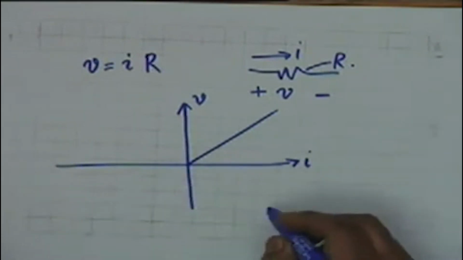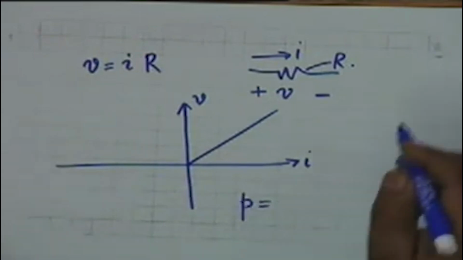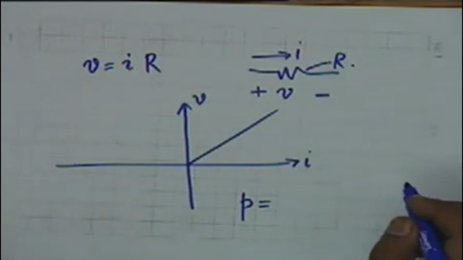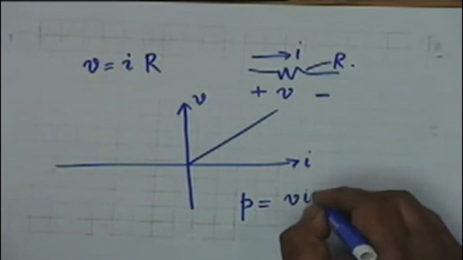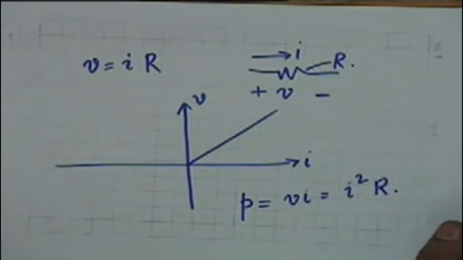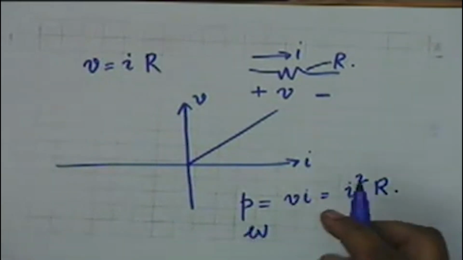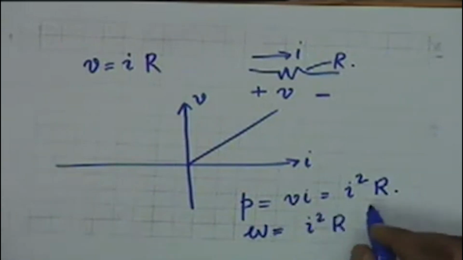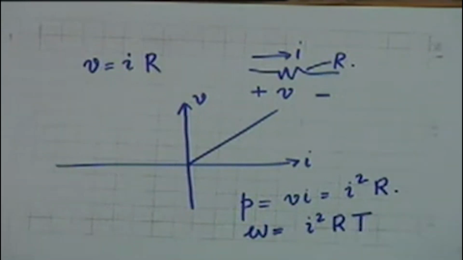In linear resistances, the power, that is the energy consumed per unit time, dW/dt, is given by the product VI, and therefore this is P equals I squared R, and the energy that is dissipated in the resistance in time capital T shall be equal to I squared R T if the current I is a constant.